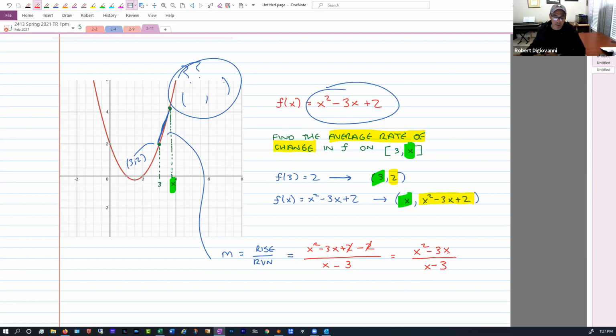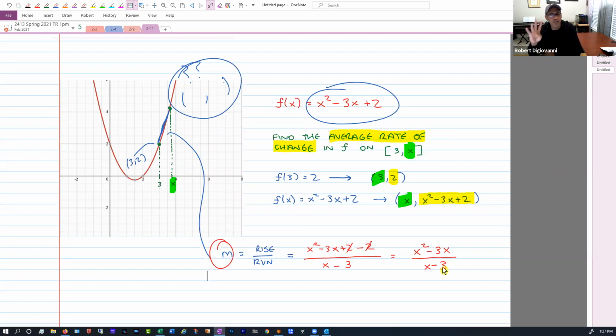If you want to know the slope of the line, m, where 3 is the left point and the right endpoint is x, then the slope of that line will be x squared minus 3x divided by x minus 3. We've come up with a formula that will now work for any x.